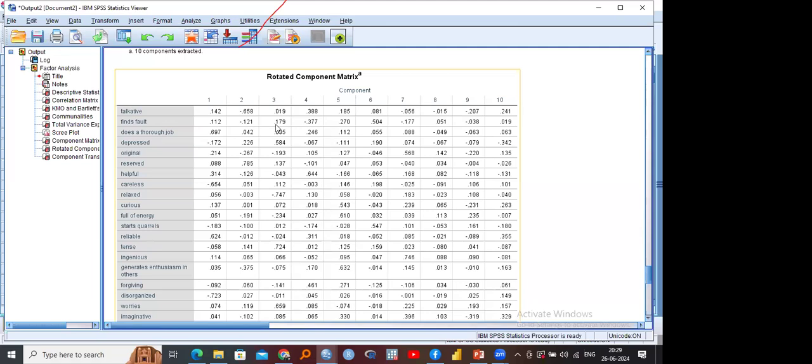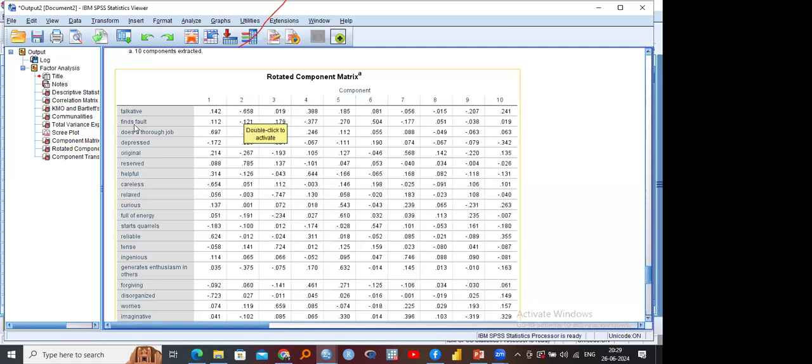So can anybody tell me which component talkative will go into? 0.658, factor 2. Very good. Please ignore the signs, just see the magnitude. So talkative goes into component 2.